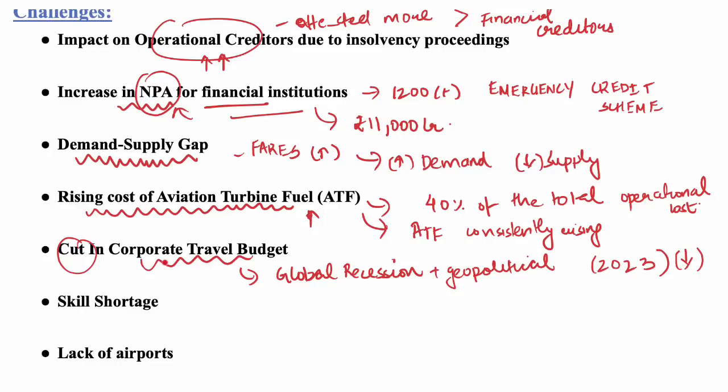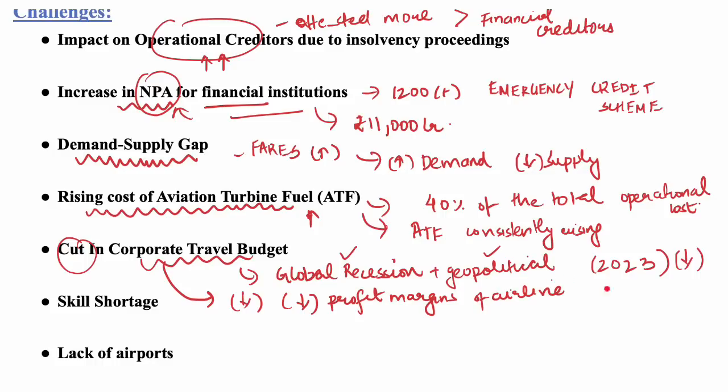And this corporate travel budget was a major chunk of revenue for the airline industry. With the risk of global recession and geopolitical turmoil, the corporate travel budget is expected to decline, which will further decrease the profit margins of the airline industry. Remember that the airline industry already runs on a very thin profit margin.